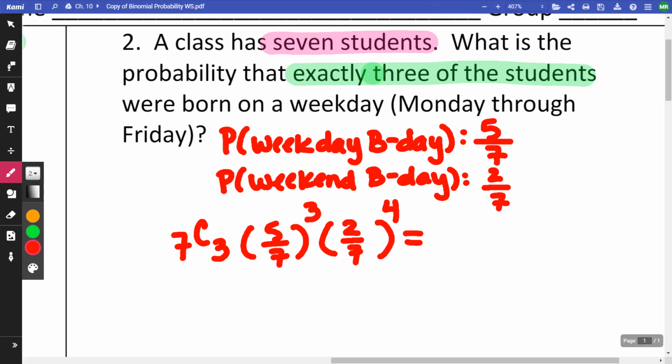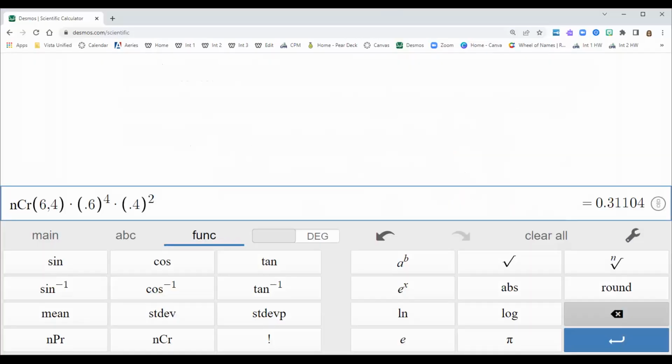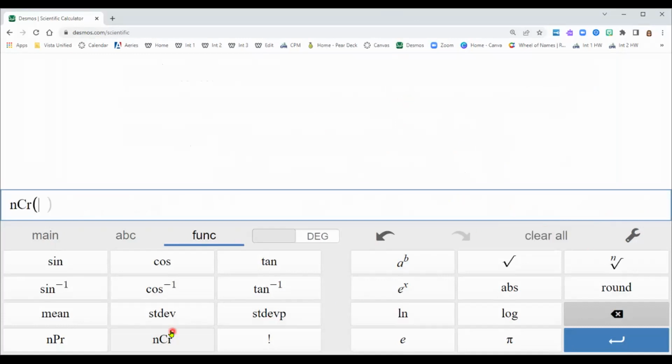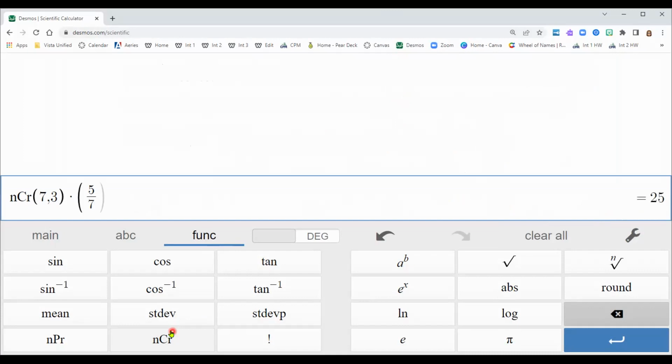Okay, so I'm going to be doing 7 choose 3 times the quantity 5 sevenths to the power 3 times the quantity 2 sevenths to the power 4.